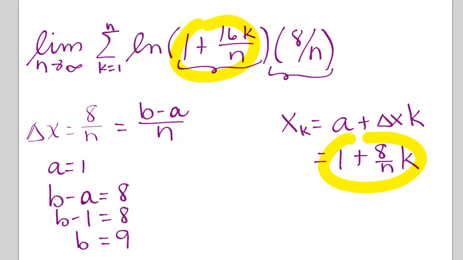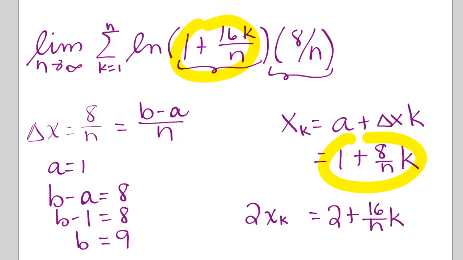How could that work? If I said I'm going to look at 2 times x sub k, then that would come out to be 2 plus 16 over n k. That almost works, except now this thing is too big. I don't need 2, I need just 1.